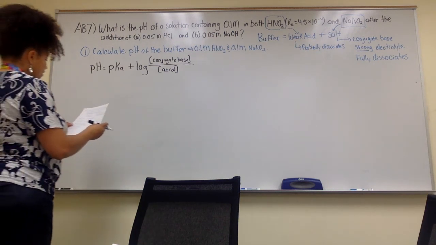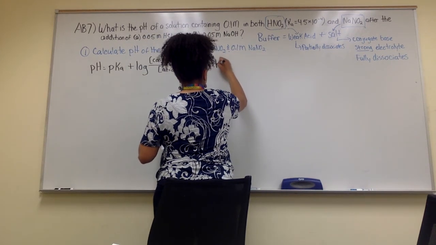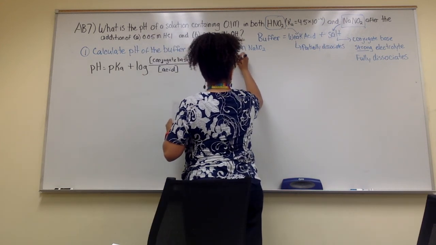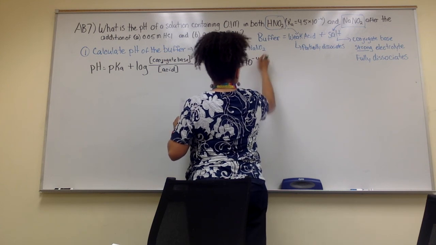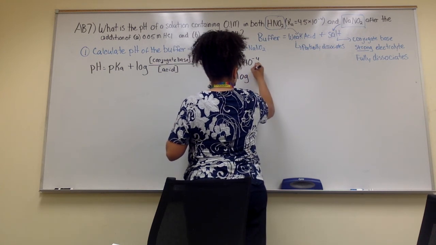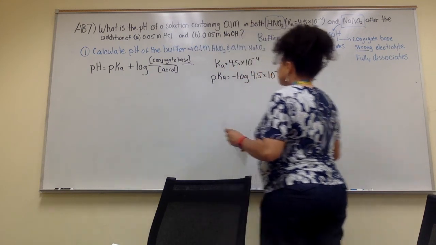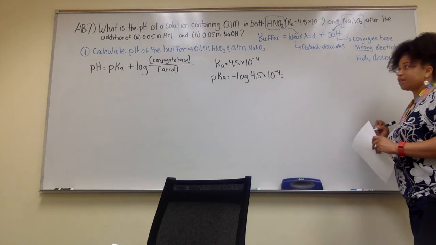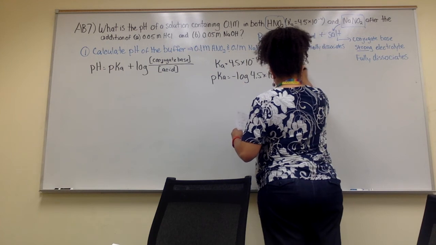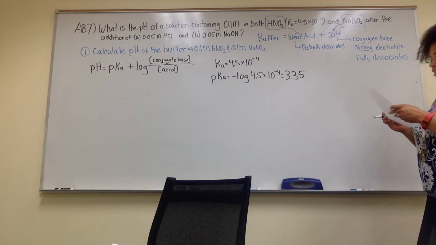Now, we know that the Ka was given. For solving this, Ka is equal to 4.5 times 10 to the minus 4. So the pKa is equal to the negative log of 4.5 times 10 to the minus 4. And we have that value because we just calculated it in the previous problem, which is 3.35. So we have that information.